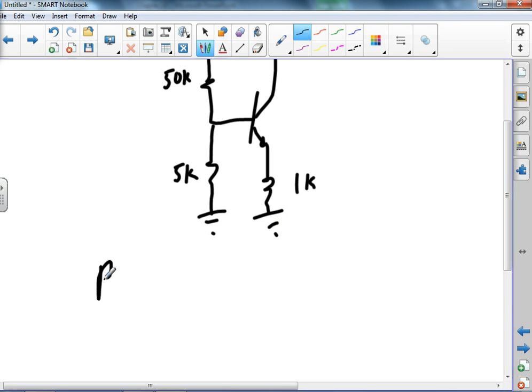So R base equals. Anybody remember the formula? Beta times R. 600 and something. Right, 637.